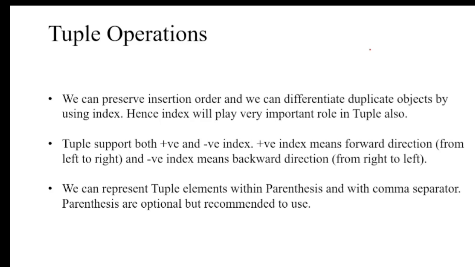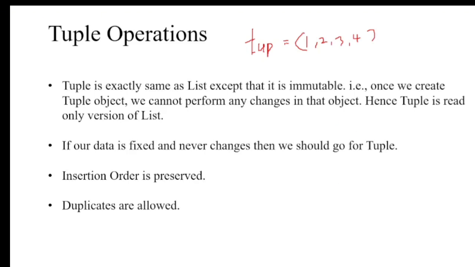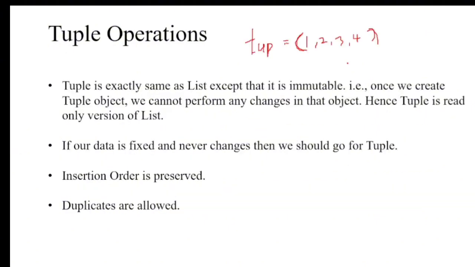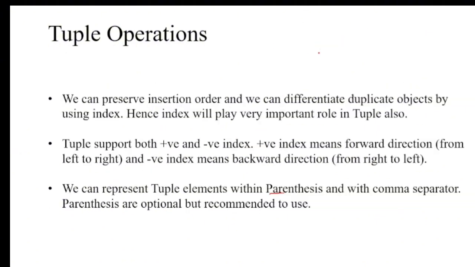And then we can represent tuple elements with parentheses, which is what I've already said. These brackets are what we refer to as parentheses, with a comma separator. Parentheses are optional but recommended.